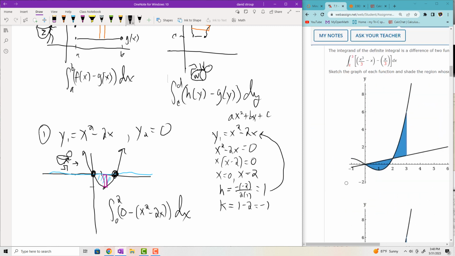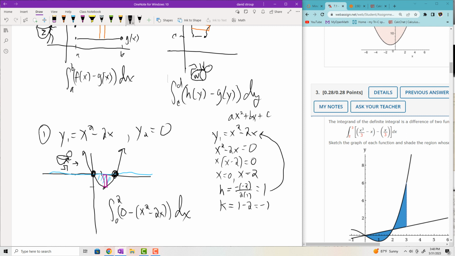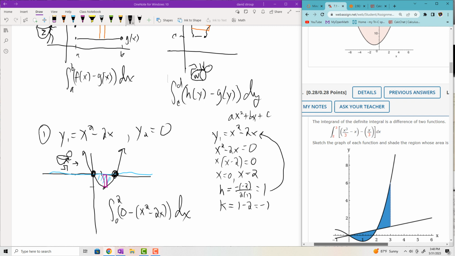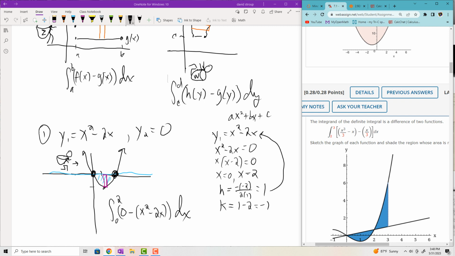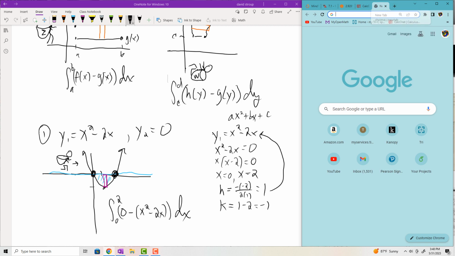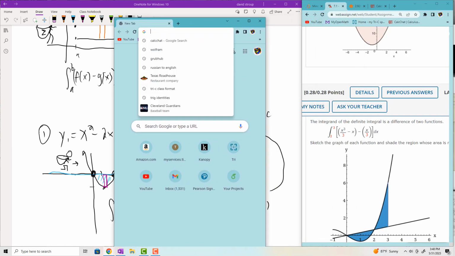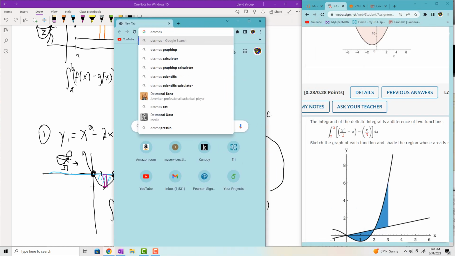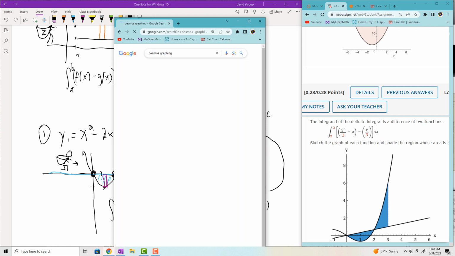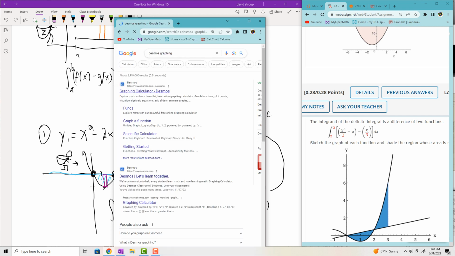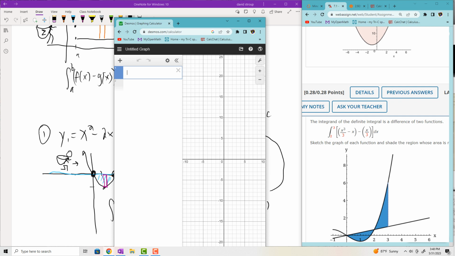Number 3, they give you the expression first, and if you're having trouble graphing that, I probably would have a little bit of trouble graphing it. You could go to Desmos and get an idea of the picture. Of course, on the test, you won't have Desmos, right? So you want to be a little bit cautious as to how much you rely on your calculator.